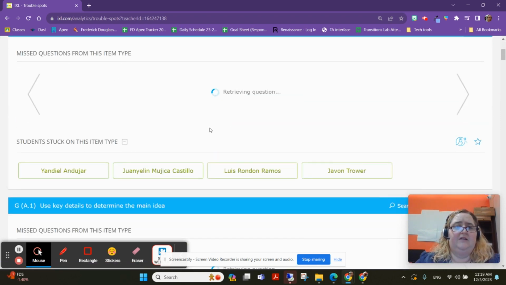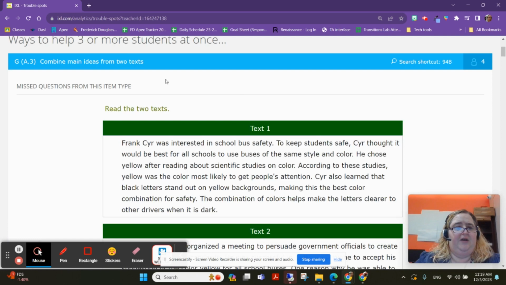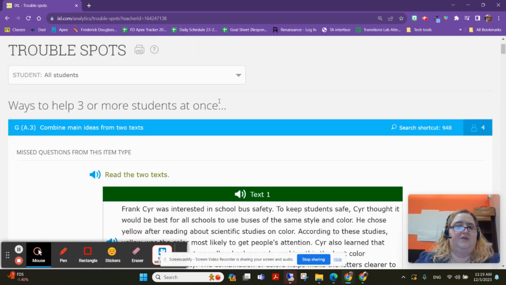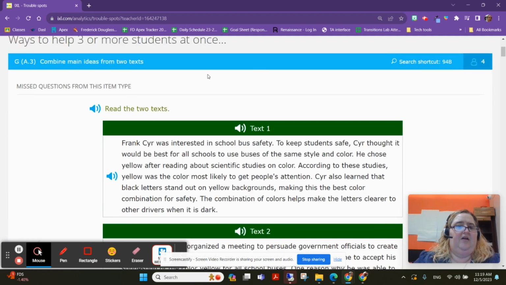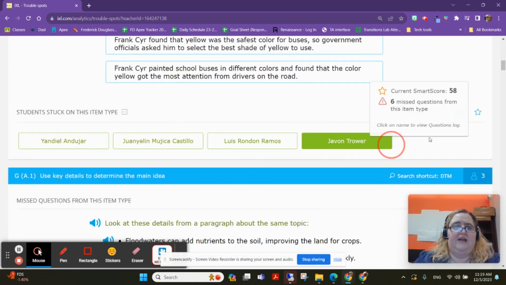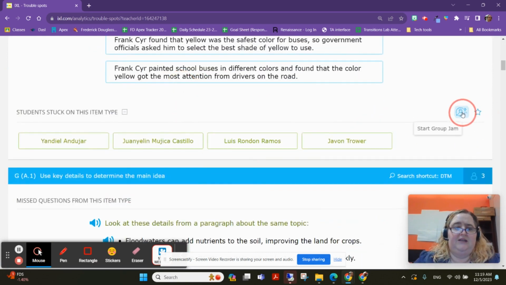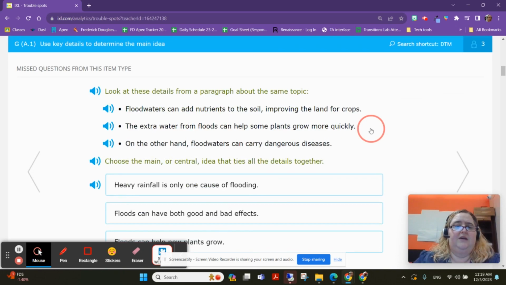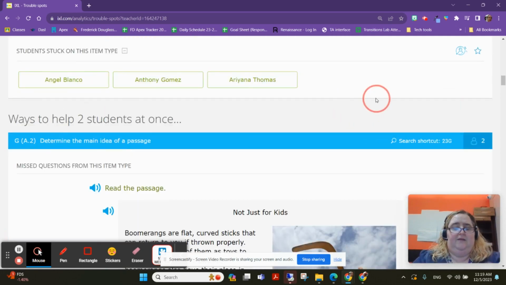And in here, I have the option to help multiple students again, right? So here's 3 students. They all need help with combining multiple ideas from 2 texts. So this is something that I can then do a group jam on and teach this group of students. Key details.